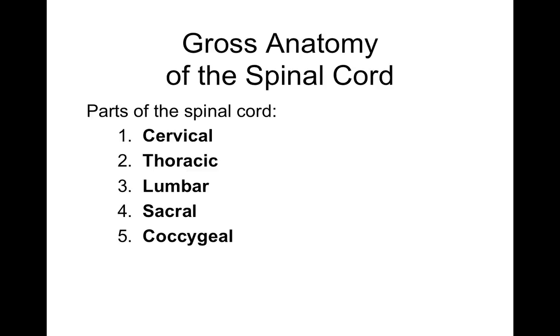However, the spinal cord ends at L1. So the lumbar, sacral, and coccygeal segments of the spinal cord actually emerge from different areas of the spinal column. You don't find the spinal cord in the lumbar area for the most part. You know, it ends at L1. You don't find the spinal cord in the sacral region or the coccygeal region. What you find, though, in these regions are nerves that actually come off the spinal cord, and I'll show you guys a picture of this, and it'll make more sense.